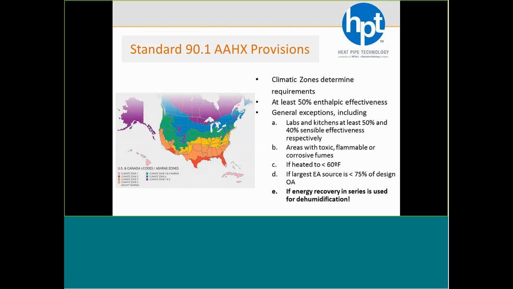You've met code. Or if you're having a very difficult time, whether from a design standpoint or a cost standpoint, of meeting that code, simply putting a wraparound heat pipe in the air handler will allow you to meet code. So something to keep in mind is that the wraparound heat pipe is a code allowance and an exception to that 50% rule.